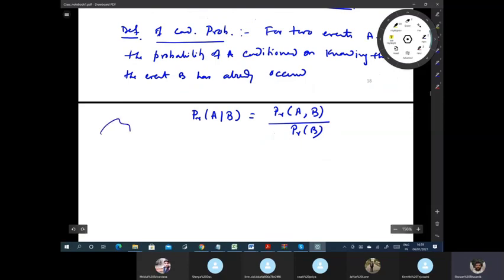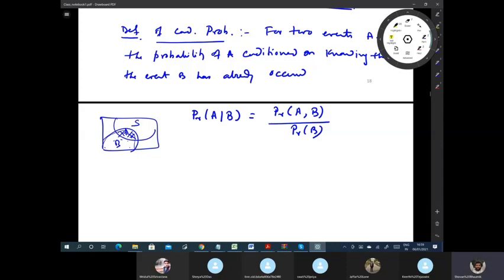Suppose this is your sample space S, this is your A, and this is your B. B has already occurred, so your modified sample space becomes B, and your event becomes A intersection B. So the probability becomes P(A intersection B) divided by P(B). That is what the definition is. Is it correct?